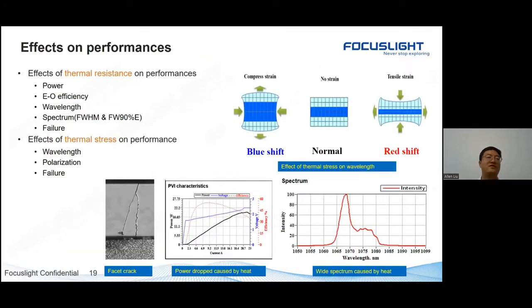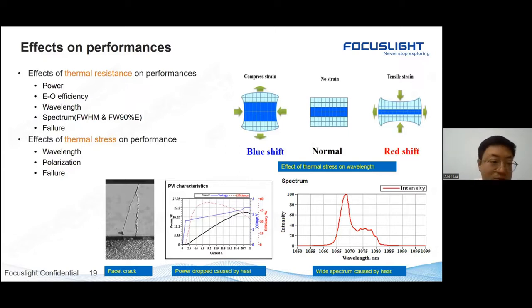Since thermal resistance and thermal stress are important, how do they affect the device? When the thermal resistance is lower, you get higher power and higher efficiency for electro-optics, a lower wavelength shift, and a very narrow spectrum.